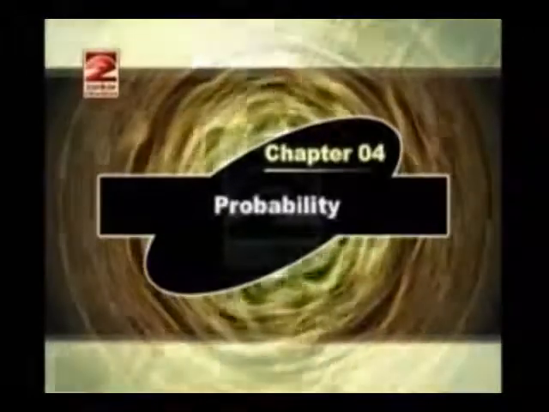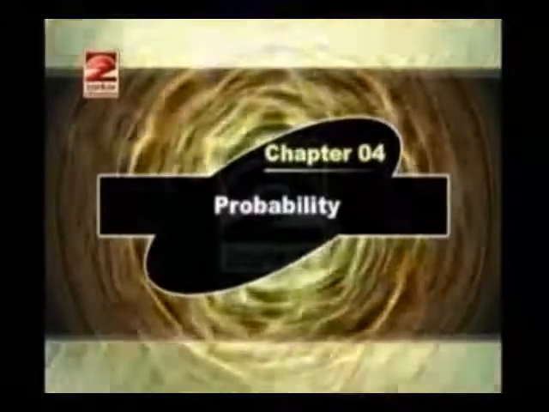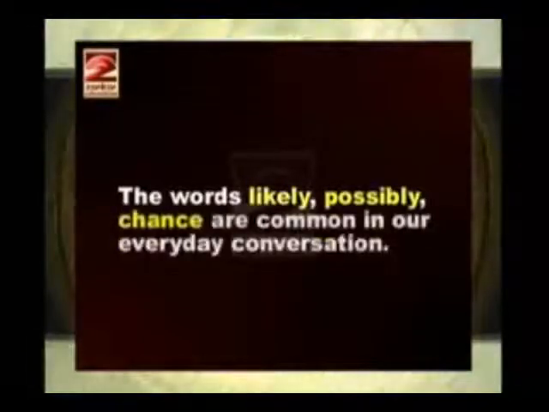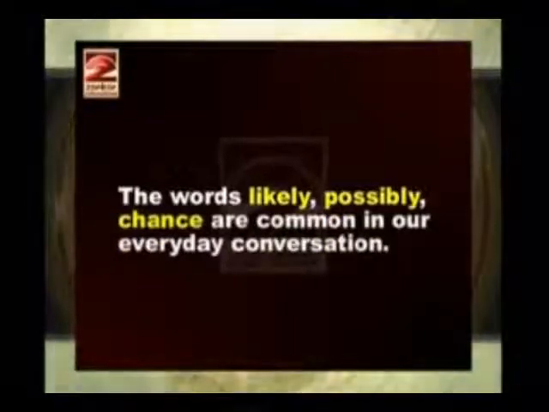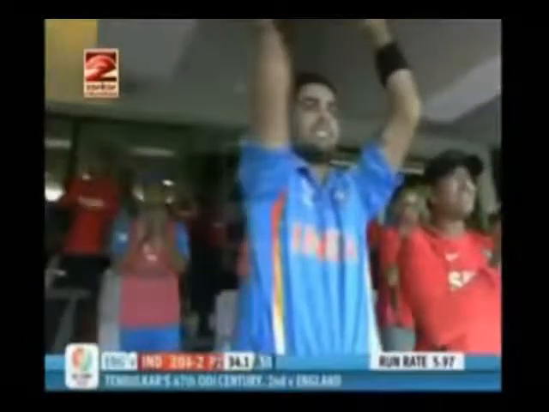4. Probability. The words likely, possibly, chance are common in our everyday conversation. When we say India will have a chance to win the Cricket World Cup, it means the chances of winning the cup are bright.